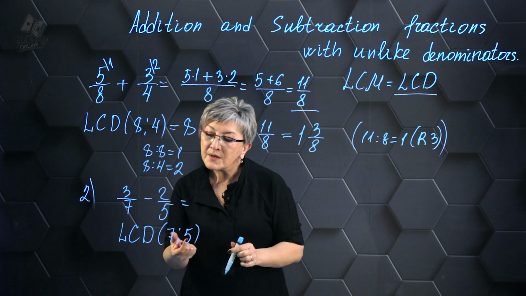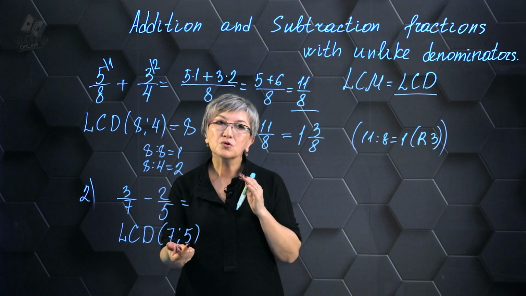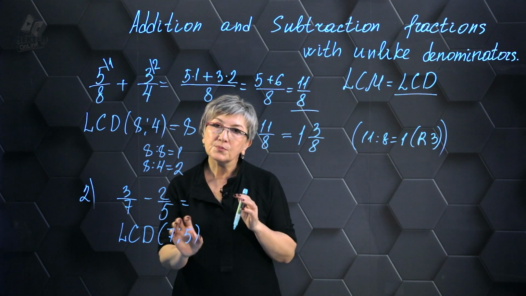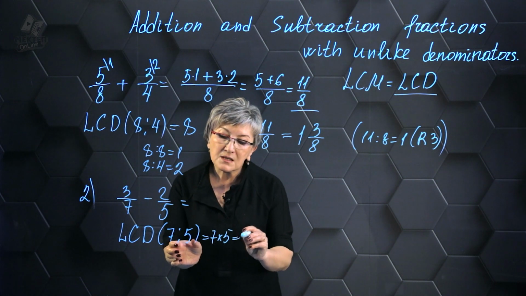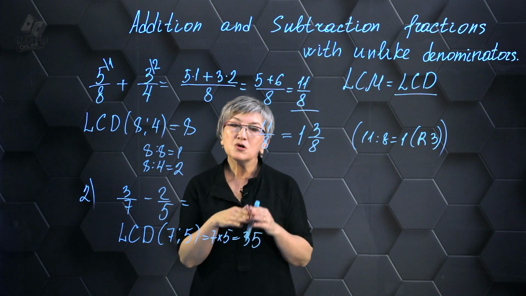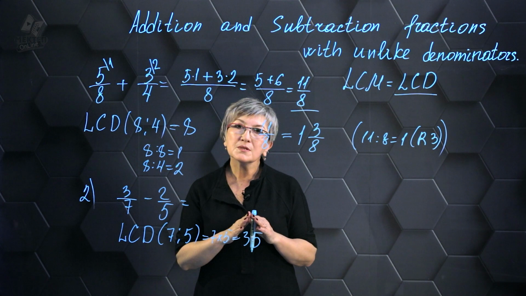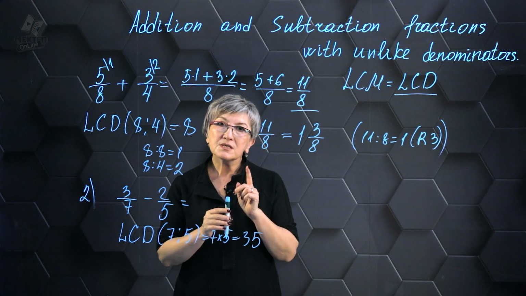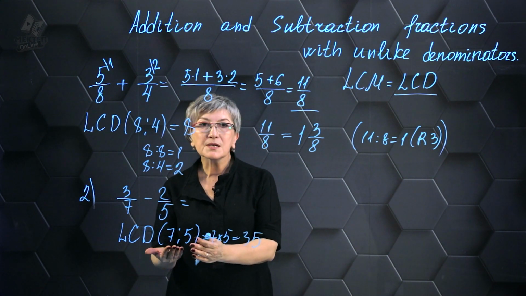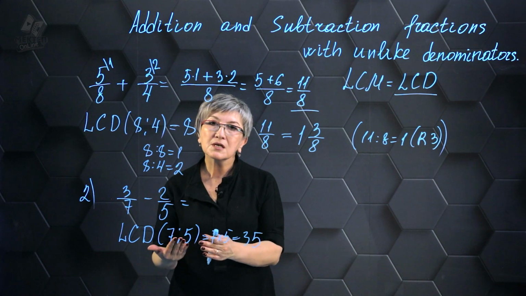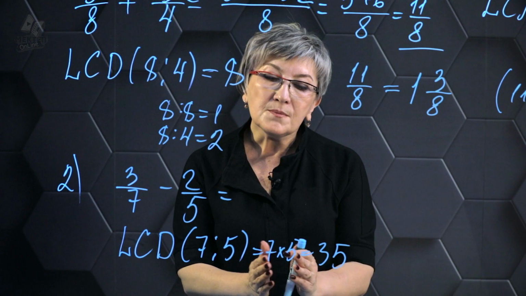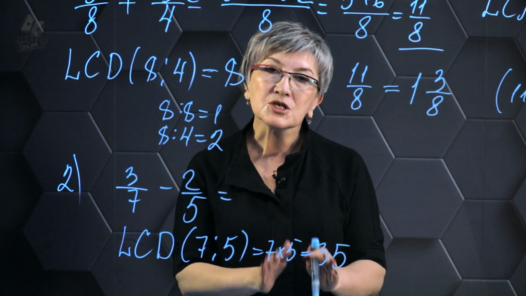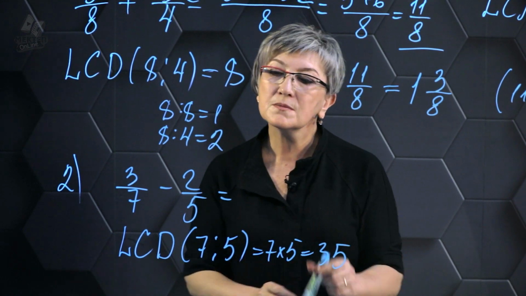Remember, I told you that if you see that these numbers are prime, just multiply them together. So I write 7 multiplied by 5, and that will be 35. You see, it's simple for us to find the least common denominator. If you don't know how to find the least common denominator, just multiply these denominators and you'll end up with a common denominator.